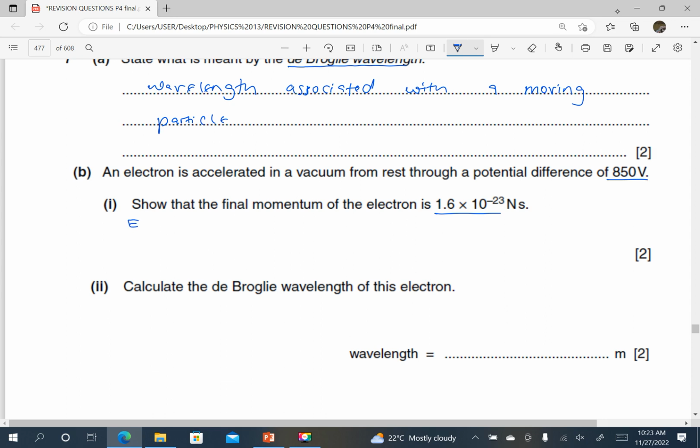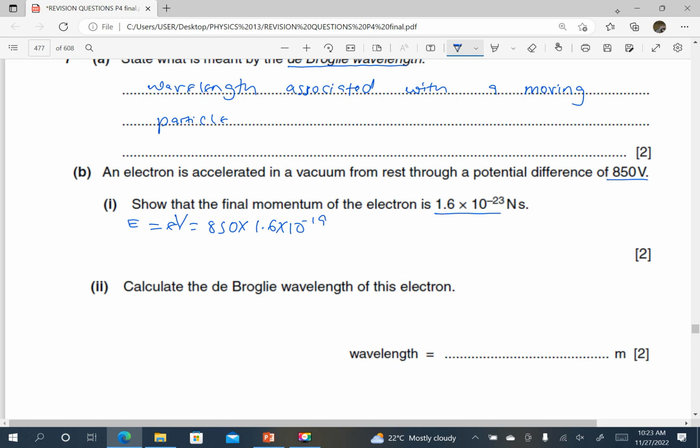The energy of the electron is going to simply be E times V, which is the accelerating PD, 850, times the charge of the electron, 1.6 times 10 power negative 19 joules. That is the energy of the electron.